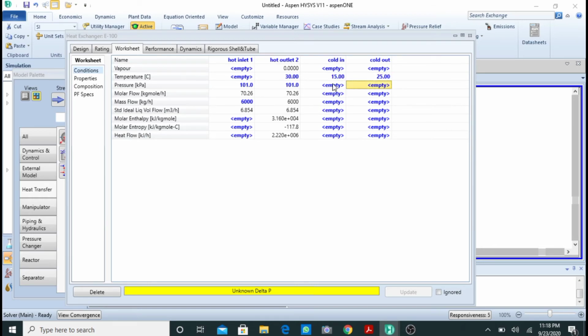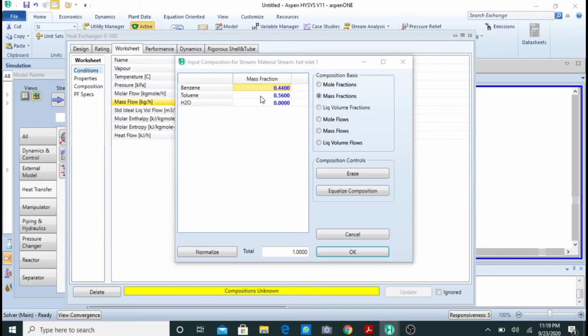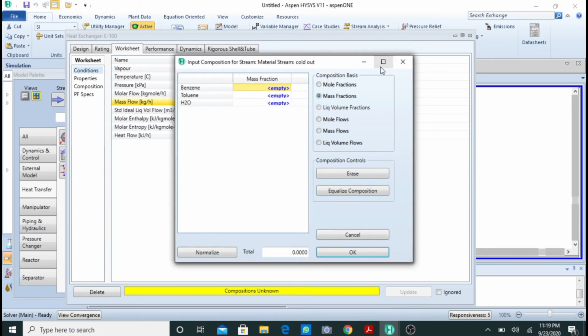The pressure is again the same, 101. Here I have to define the composition of this cooling water, so I will define the composition of cold in as overall water.